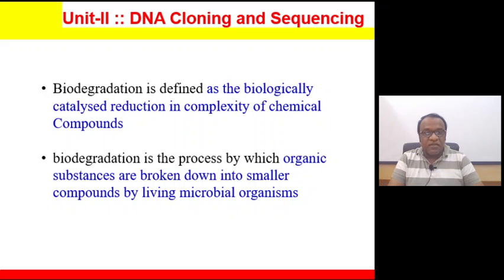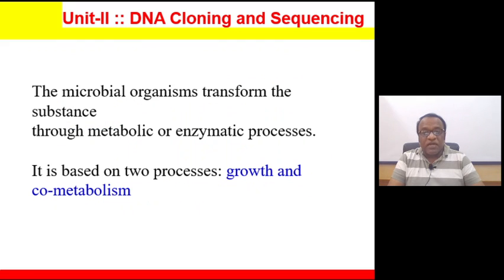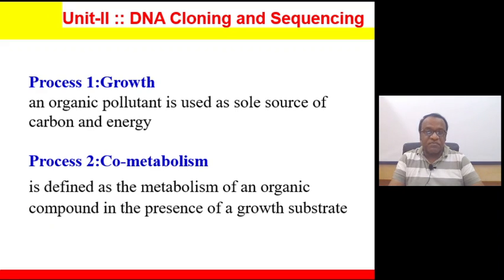Number one, the growth, and number two, co-metabolism. Okay, so the metabolic or enzymatic process by which the microbial organisms transform the substance is based on two processes, that is the growth and the co-metabolism.